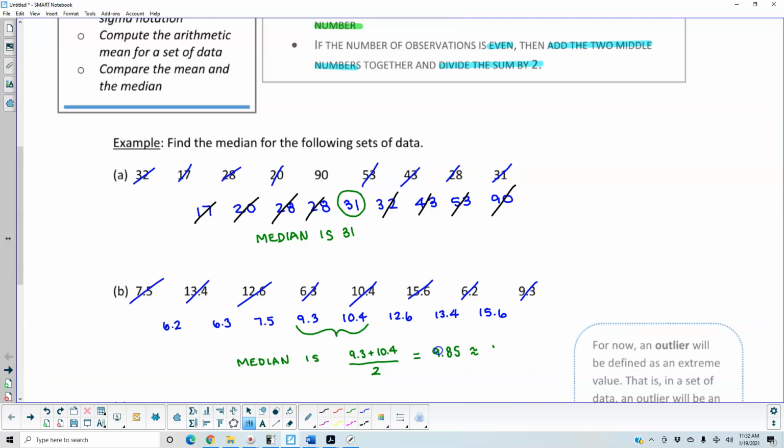I'm going to round that to 9.9 because our data was given to 1 decimal place to the right.